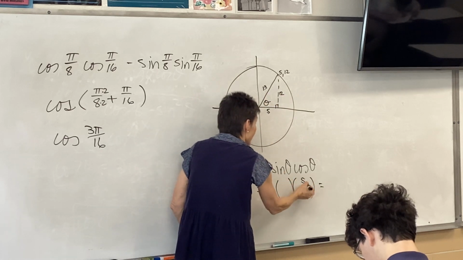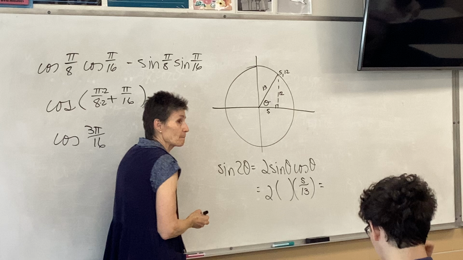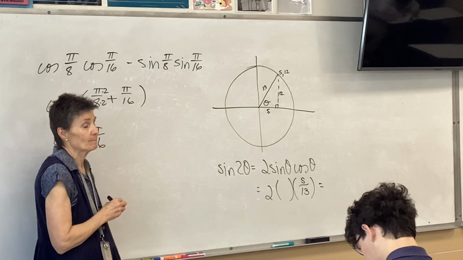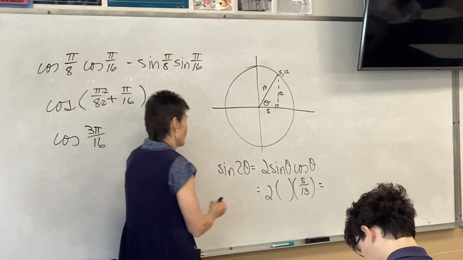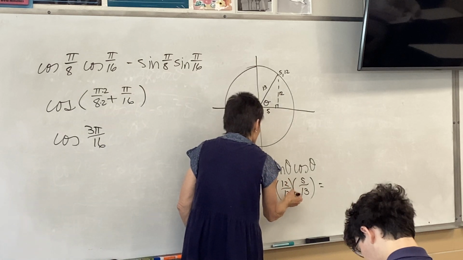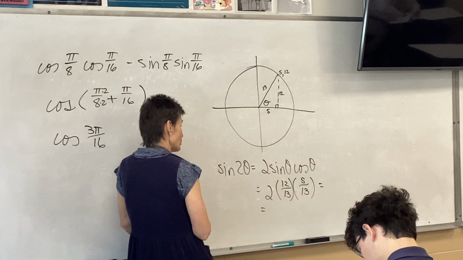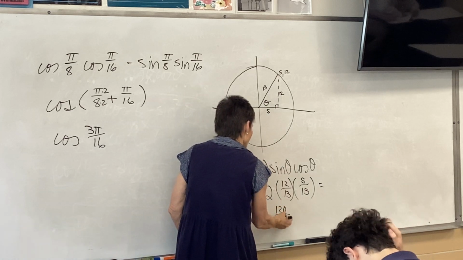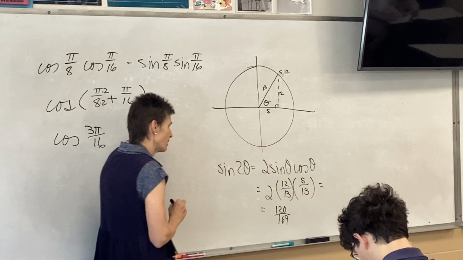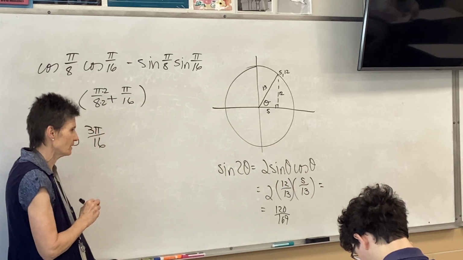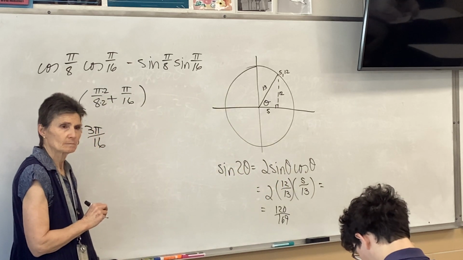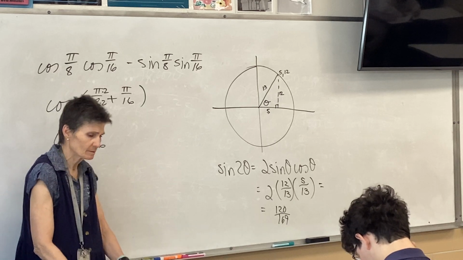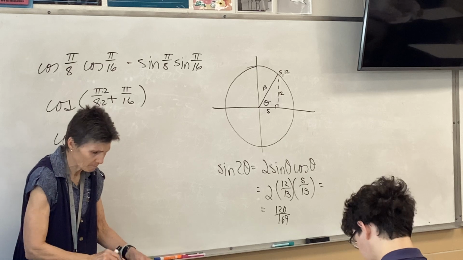So the cosine is 5 over 13. What's the sine of that angle right there? 12 over 13. So what is the answer to the question? 120 over 169, if I just multiply all those numbers together correctly, hopefully. That's not so bad. It's actually kind of easy.